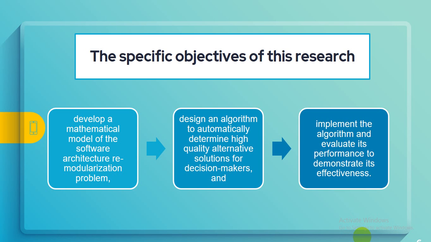The first objective is to develop a mathematical model which helps with the software architecture remodularization problem, and then design an algorithm to automatically determine high quality solutions, and that is the hybrid genetic algorithm. Then implement the algorithm to evaluate its performance and effectiveness.